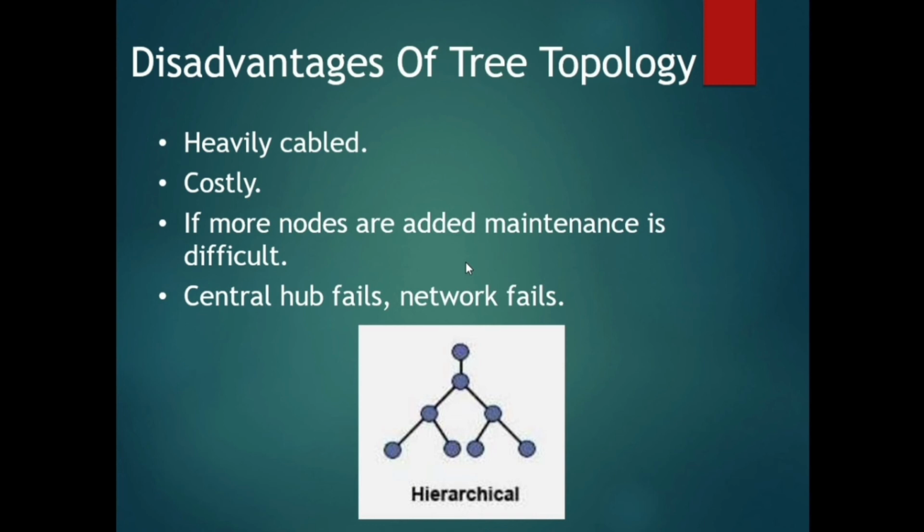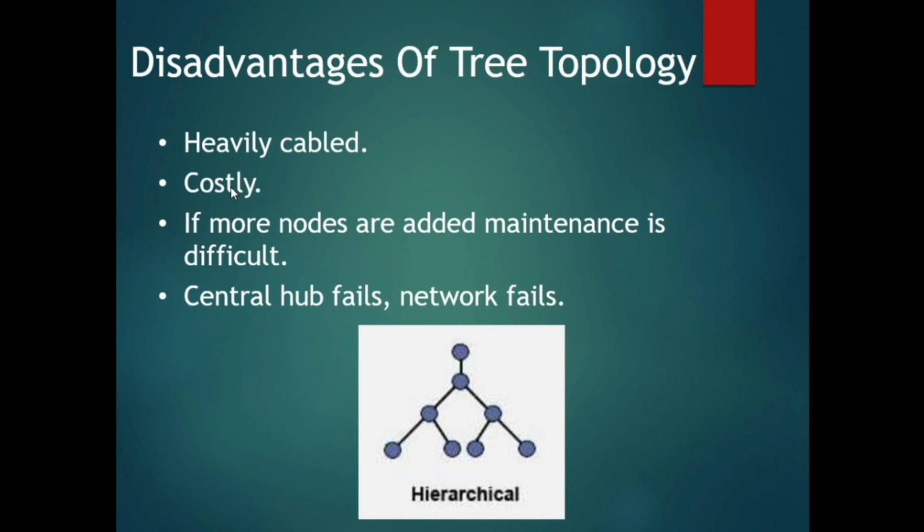Disadvantages of tree topology: heavily cabled. Basically a lot of cables are needed in this topology. Costly also. You have to create a root node and divide it into a lot of sub nodes wherever you need, so you have to use more cables, and you can't think of it at low cost; its cost will be higher.